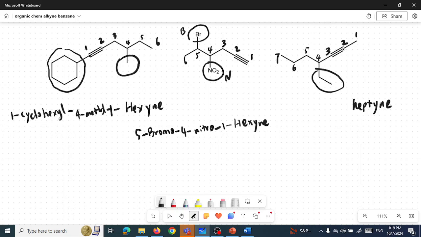But the triple bond is between number 2 and number 3 carbon. So it's going to be 2-heptyne. And then on number 4, there's an ethyl group. So it's going to be 4-ethyl-2-heptyne.